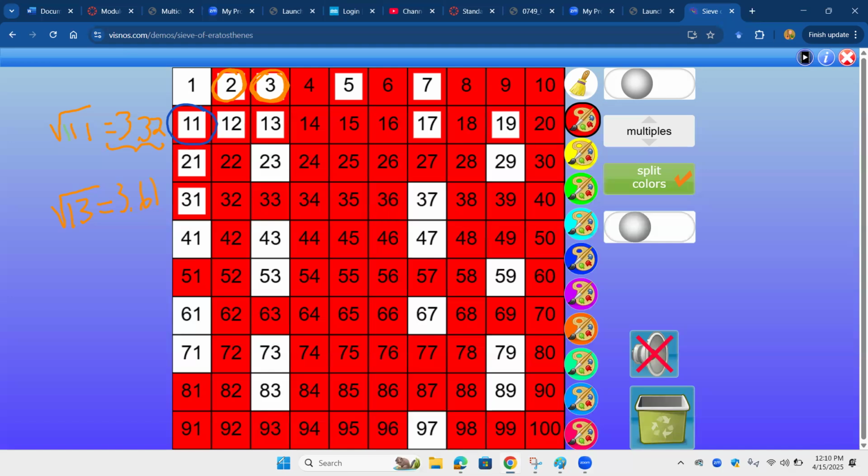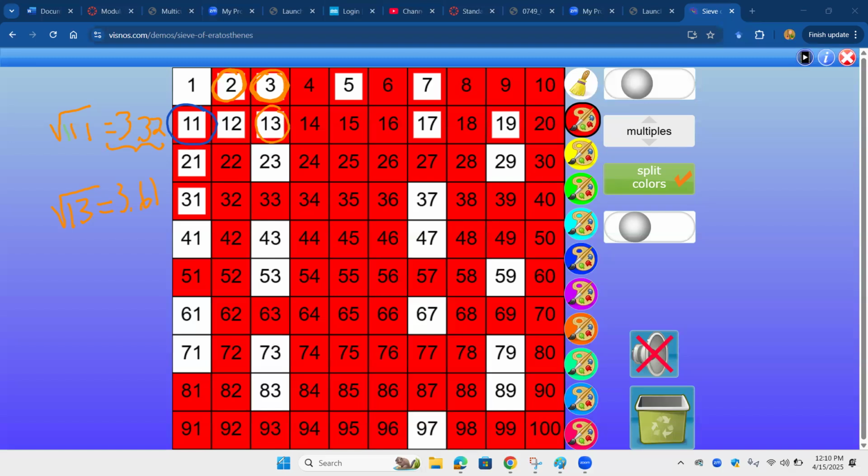Oops, I accidentally unchecked 12, but we'll ignore that. So then the next one is 13. What's the square root of 13?